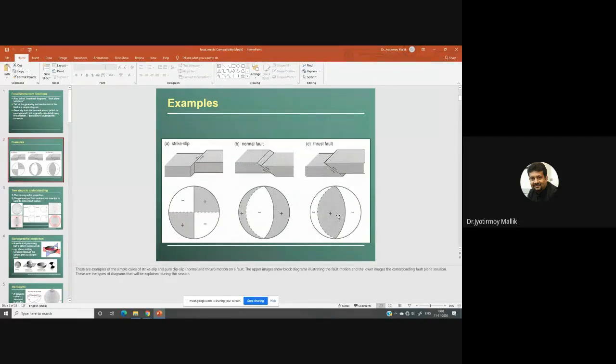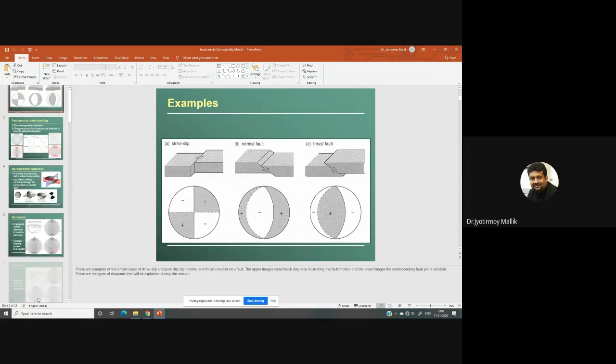So today our aim is to understand how these diagrams are created. These are nothing but stereographic projections of the fault planes. That's why I asked you to learn about the stereographic projection or refresh yourself with it.